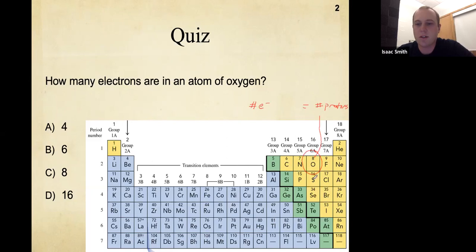So we're just assuming this is a neutral atom of oxygen, so the number of electrons is equal to the number of protons, which is 8. So C should be our answer. If you're still having trouble with that, just review the last lecture, and the homework problems should also help solidify that.